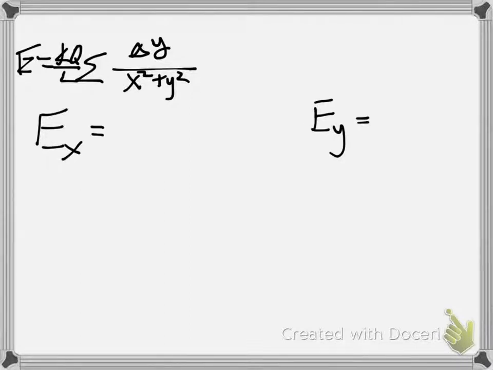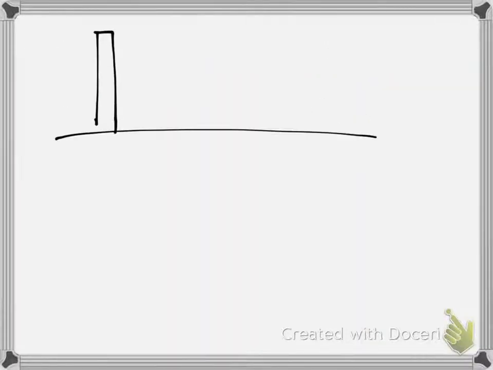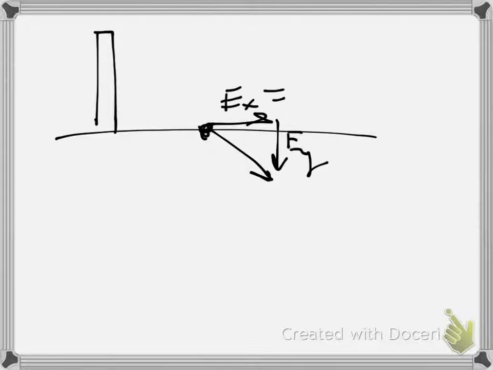Okay, well, if we go back here and you see, we have this rod like this here, and we're talking about point P. Do you see that there is this part and that part? This is EX, this is EY. EX, that's going to be theta. EX is equal to E cos theta, and EY is equal to E sine theta.